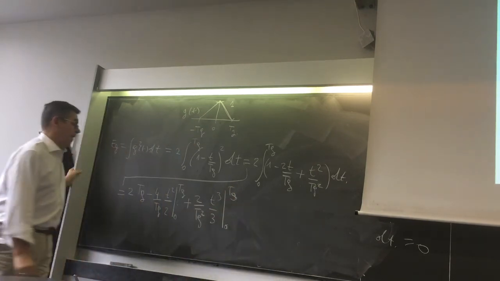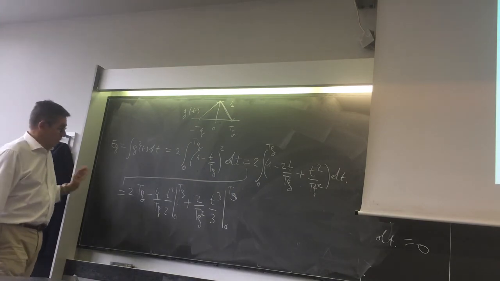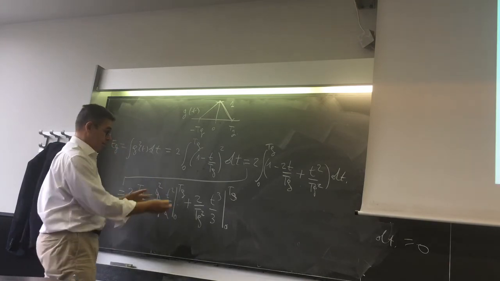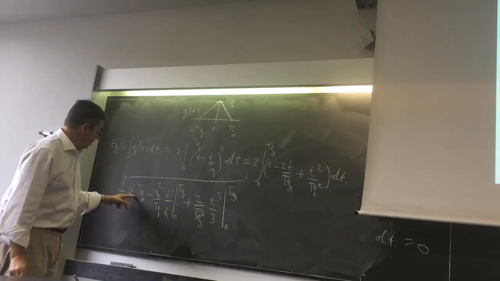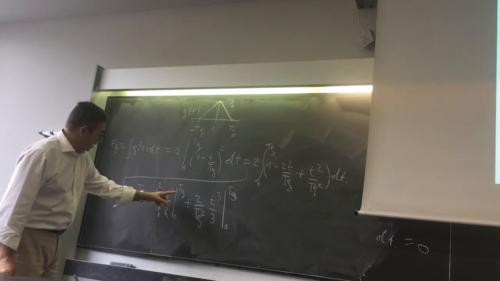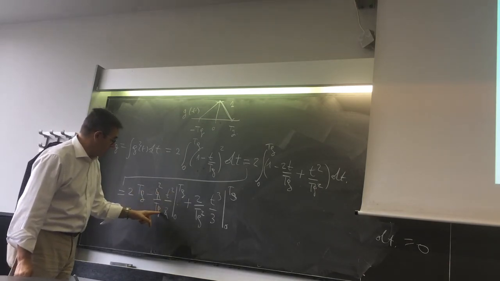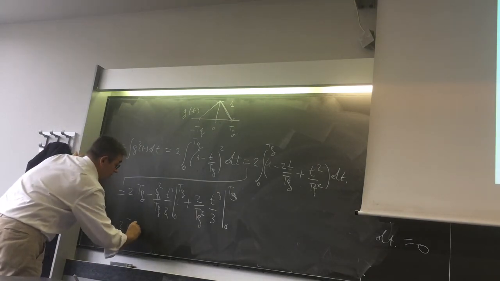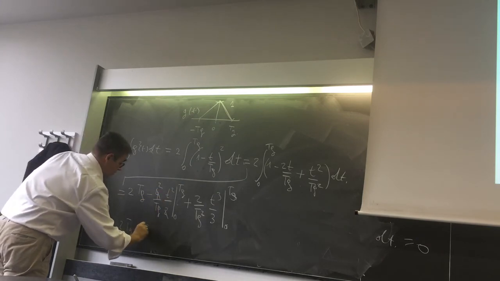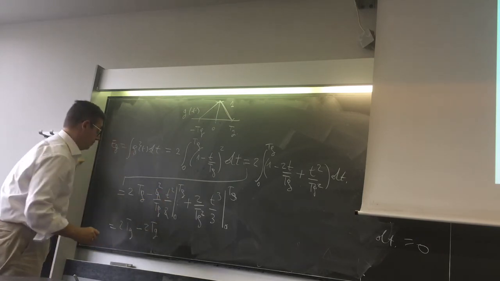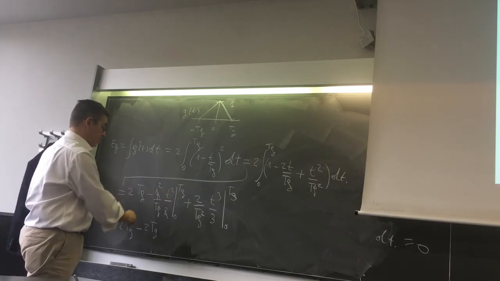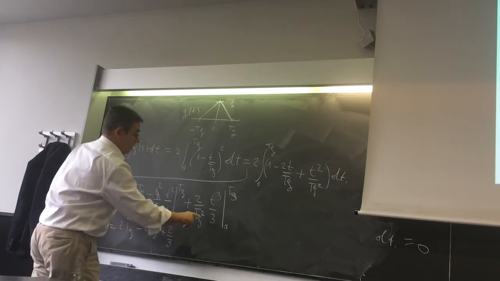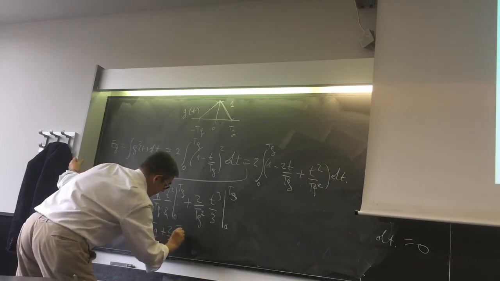Okay. So minus 2 times tg, this is 2, nothing. Now this one is tg, the other is 2 times tg squared divided by tg, so 2 times tg minus 2 tg, because of tg squared divided by tg, plus 2/3 tg cubed over tg squared, so tg.